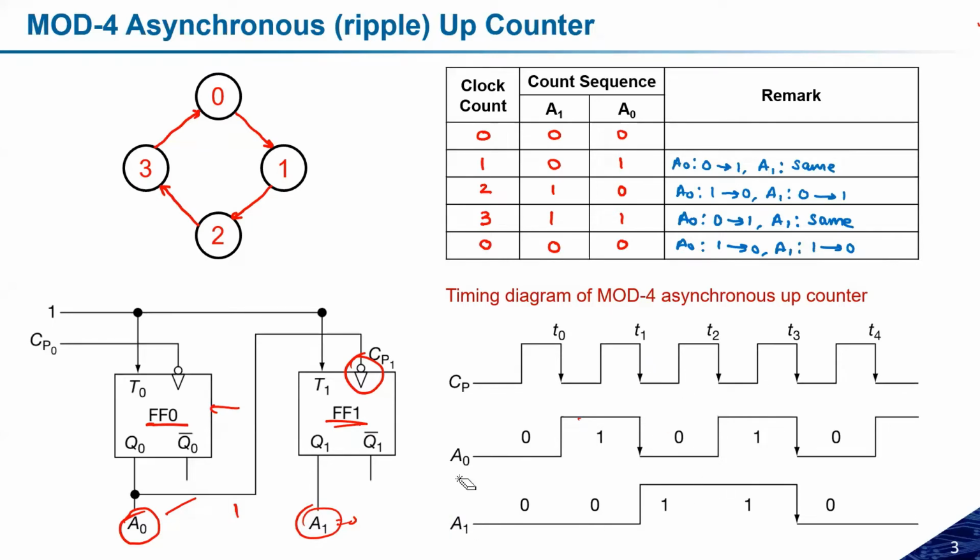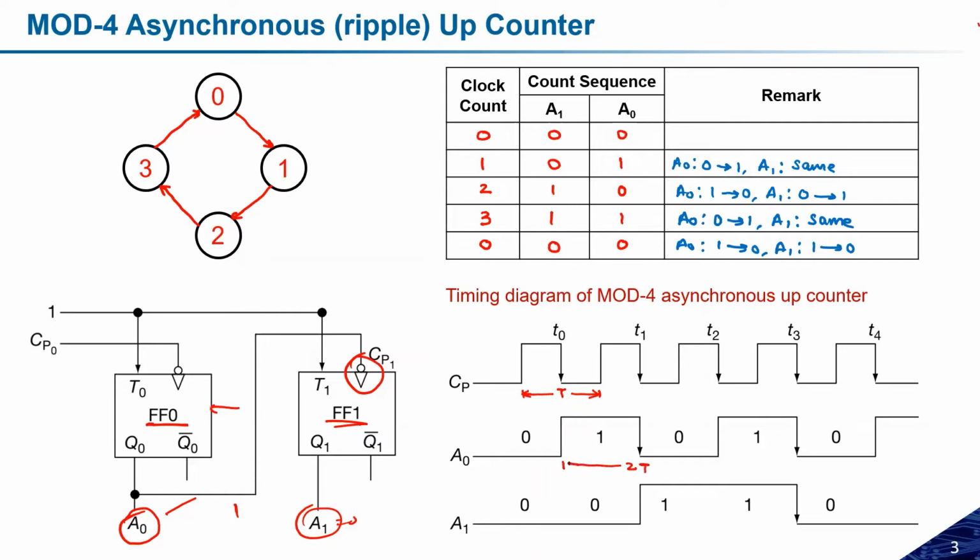Now, one clear thing you can observe from all this discussion is this. Let us assume the time period of the clock pulse was T. Then the time period of the output of that flip-flop becomes 2T.